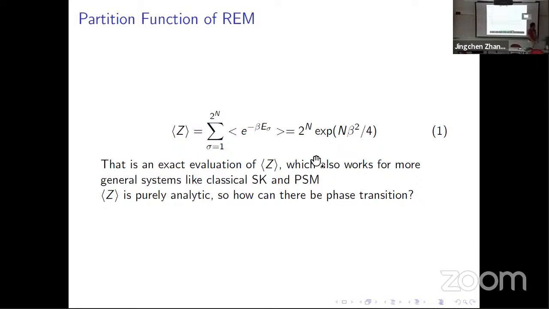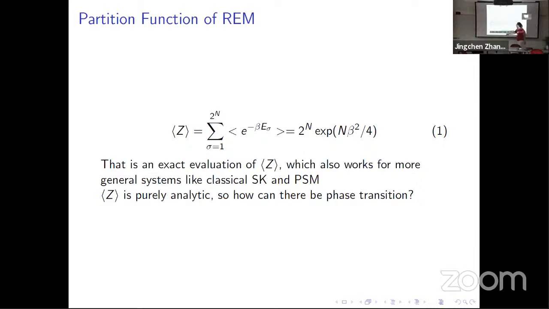So let's calculate the partition function. It's just going to be a Gaussian integral. Quick question: would we be interested in this for quenched averages or annealed averages? This is the disorder average of the partition function, which is fairly easy to get.